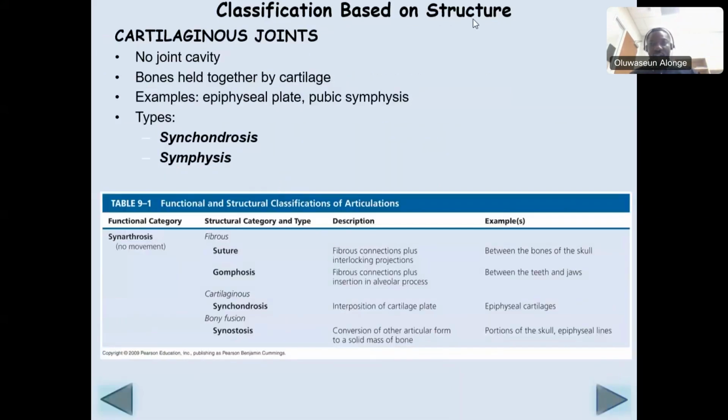Now, this is a general view of what we are talking about. For cartilaginous joints, again, we said they don't have a joint cavity. The bones are held together by cartilage, which is why they are cartilaginous. That is what you see in the epiphyseal plate. The epiphyseal plate is on the long bones, like the femur, for instance. There's the epiphysis, the diaphysis, then the epiphysis. The epiphyseal plate is the neck region of the bone between the epiphysis, the head, and the diaphysis.